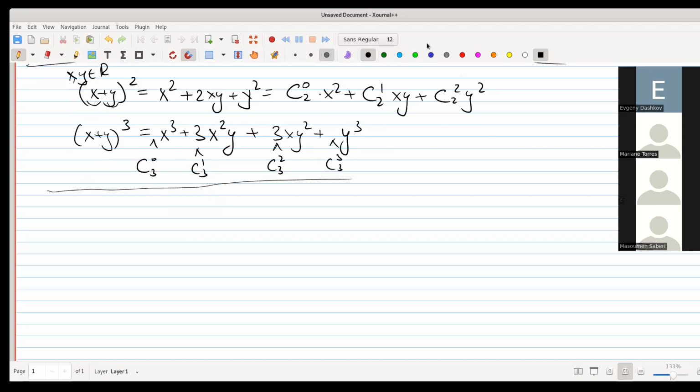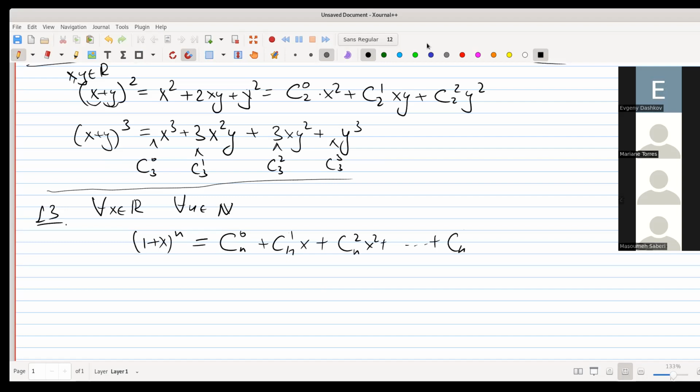So let us prove the following lemma. For every real number x, it is not that important that x is real, for every natural number n, (1 plus x) to the power n always equals n choose 0 plus n choose 1 times x plus n choose 2 times x squared, and so on up to n choose n minus 1 times x to the power n minus 1 plus n choose n times x to the power n, or for short, it is the sum of these terms n choose k multiplied by x to the power k, where k ranges from 0 to n.